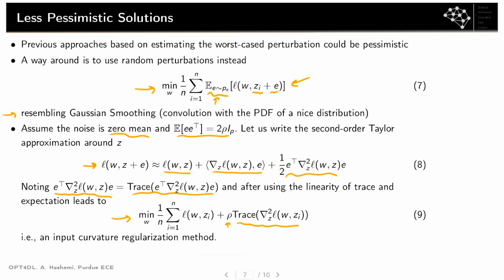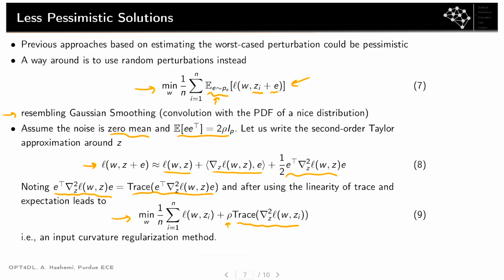Therefore, the previous approach was a first order sensitivity-based approach, because it relied on the norm of the gradient, a first order quantity. This approach we can think of as a second order sensitivity-based approach because it incorporates the trace of the Hessian, which naturally is a second order quantity.